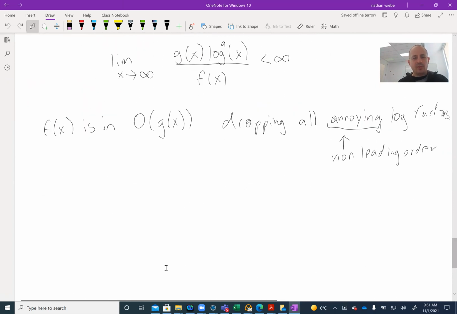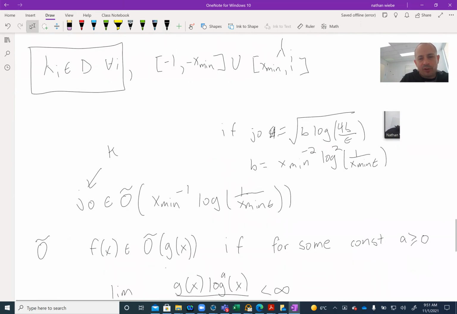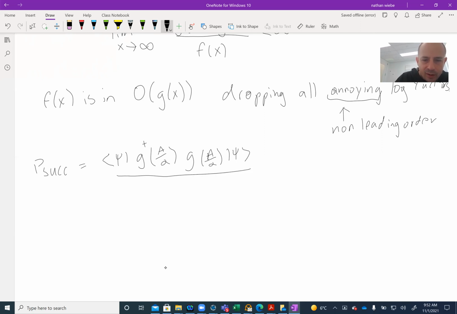Okay, so never mind. This bound that we end up getting on the success probability is, if you recall, now we're using G down here in order to describe our approximation to F inverse. The probability of success here is equal to the expectation value of G dagger of A over alpha, G of A over alpha, psi, over A squared.